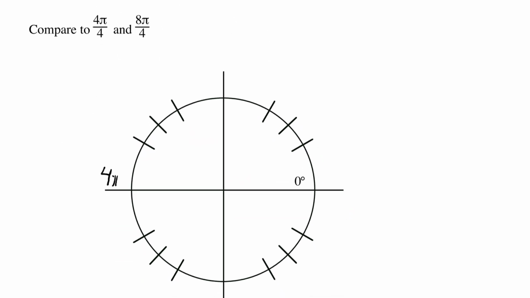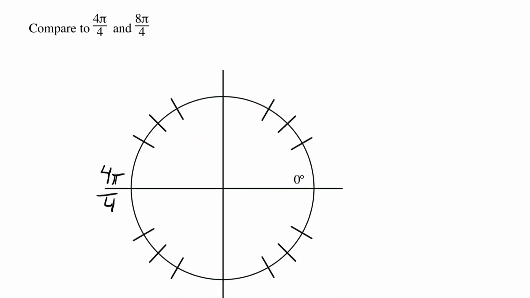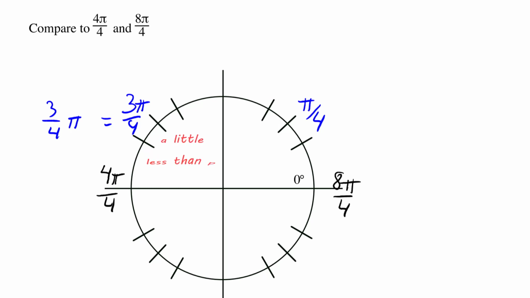We're again going to look at the unit circle, and this time we're going to compare everything to fourths. So pi, 180 degrees, is 4 pi over 4, and 2 pi is now 8 pi over 4, just for this demonstration here. 3/4 pi, 3 pi over 4, is less than 1 pi, so it's in quadrant 2. 5/4 pi, 5 pi over 4, a little bit more than 1 pi, it's in quadrant 3.